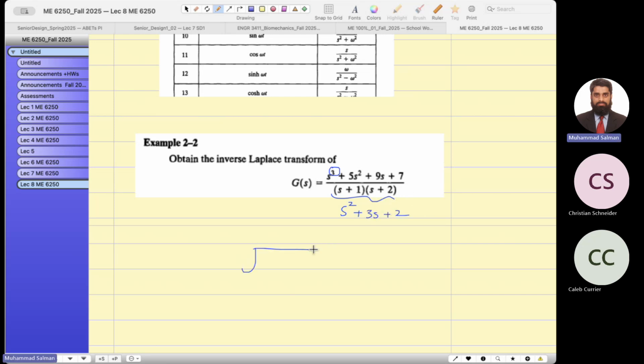So I can write this down: s square plus 3s plus 2. Because you cannot apply the partial fraction expansion when the degree of the numerator is greater. It should be smaller. So can I write down s cube plus 3s square plus 2s?